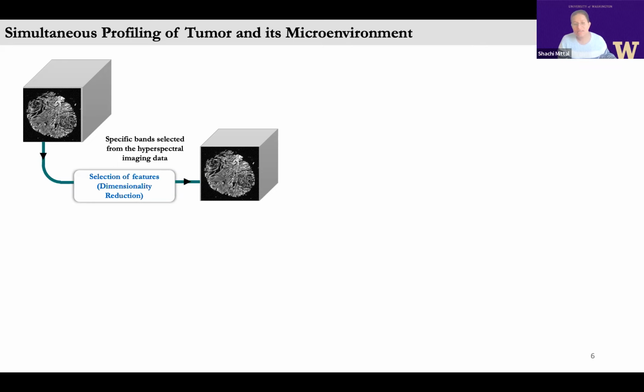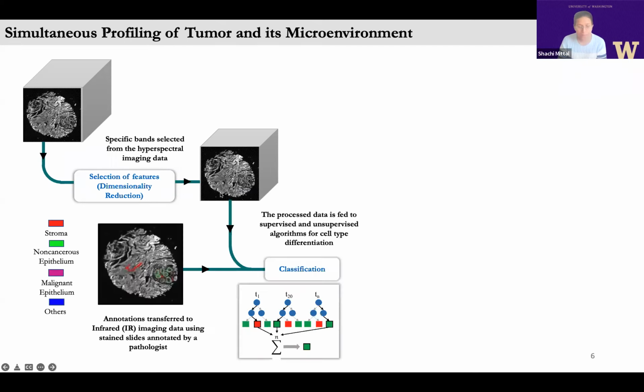So the first step is really to reduce the dimensions or our feature set so that we can computationally build models that are way more efficient. So what we do is here we use the information about the biology of the spectral profile and identify only specific bands that are discriminatory of cancer versus no cancer to reduce the size of our data set.